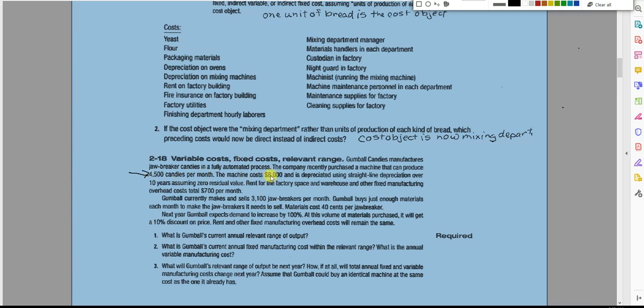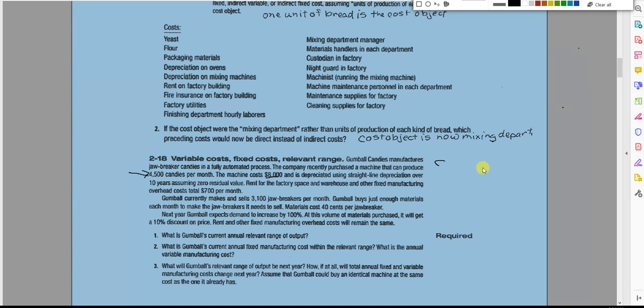The machine costs $8,000, so I've got a cost. That's an important one, so hopefully you're writing these out. I would write capacity 4,500 there, and machine cost 8,000. Part of doing problems is getting rid of the words and identifying the important information. I will never do a problem without writing out important information.